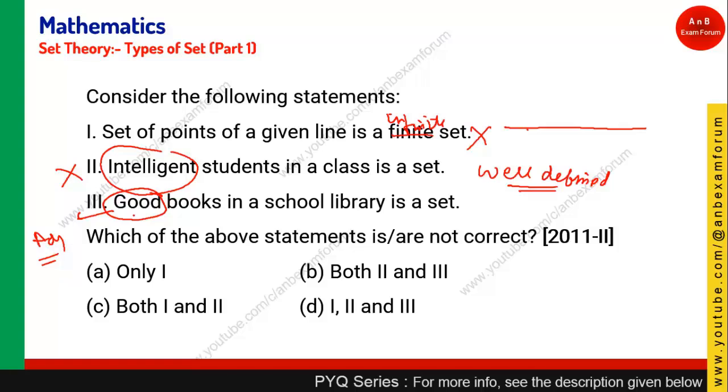You cannot define exactly which book is good, which book is bad. It varies from person to person, so it is not well defined, therefore it is again not a set. For this particular question all the three are incorrect. The reason I already explained to you.